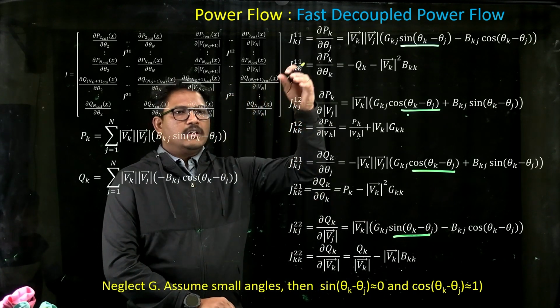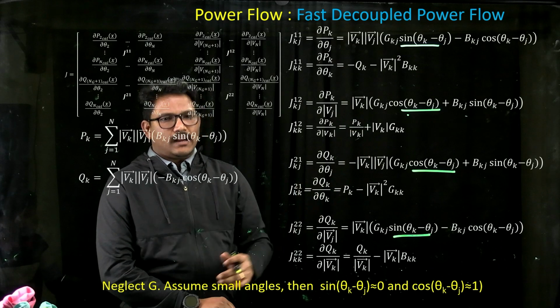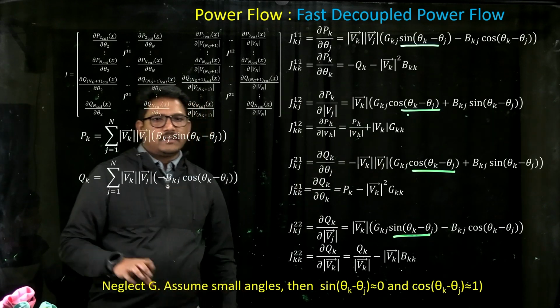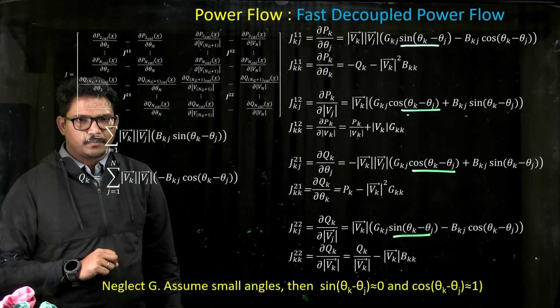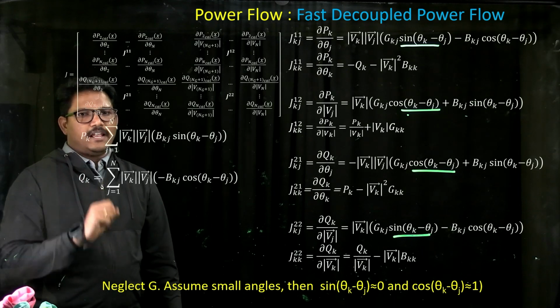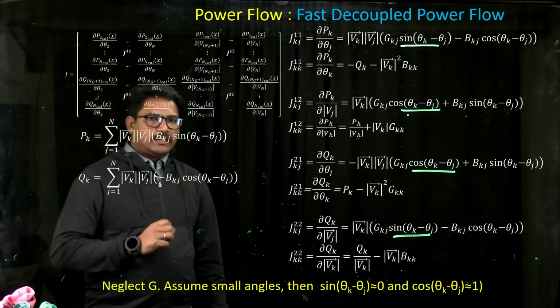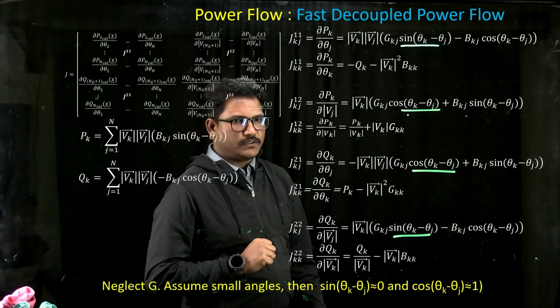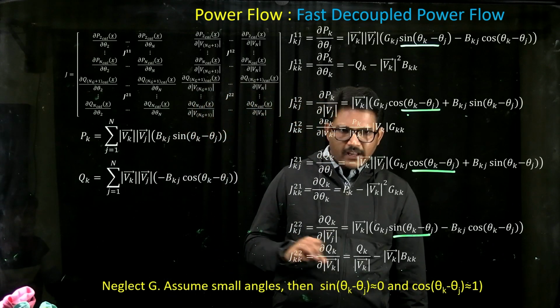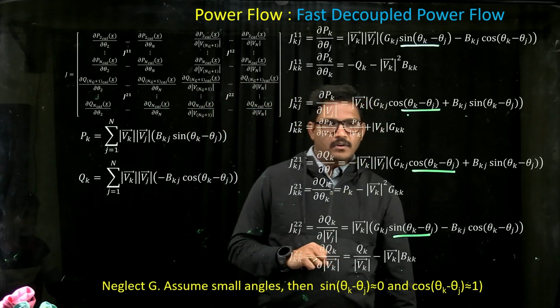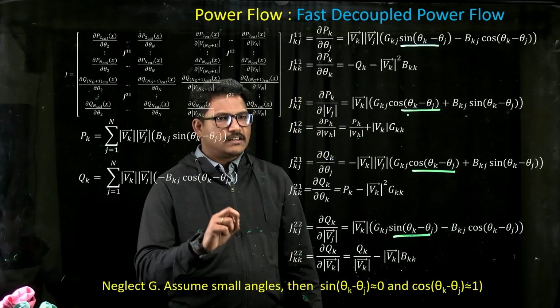And after considering that the values of G are neglected, you can also look at the real and reactive power expressions to be given as these equations. That's where we have removed the G values. And the second assumption that we have in fast decoupled load flow is that angles are smaller.